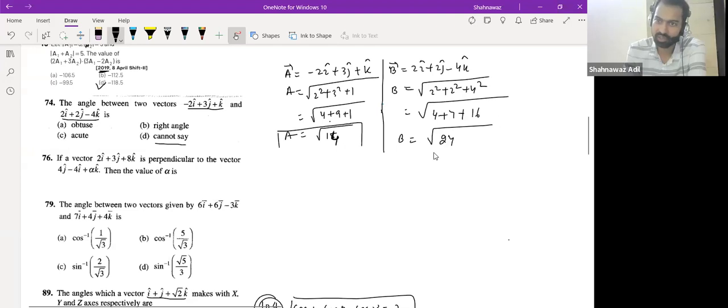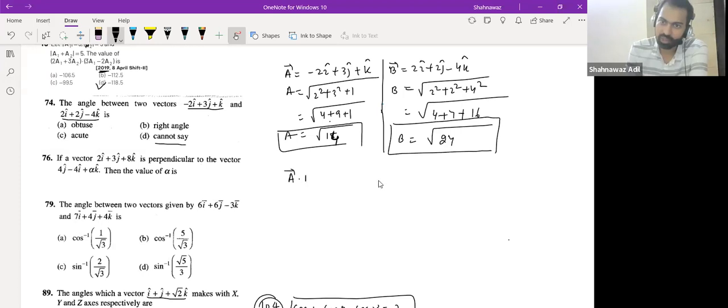What is A dot B then? A B cos theta, right, guys? And we have also A and B in the unit vector form. So A is this and B is this, so minus 2i plus 3j plus k dot 2i plus 2j minus 4k.